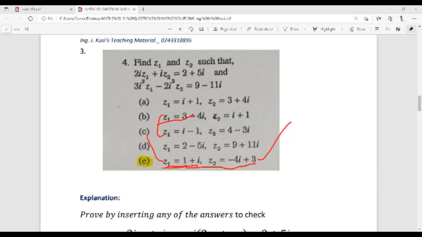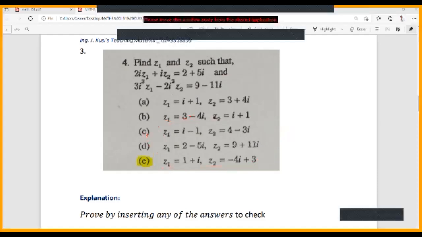Are you getting my point? Yes, I'm getting it well. So we are going to explain why that is so and how to arrive at that answer.